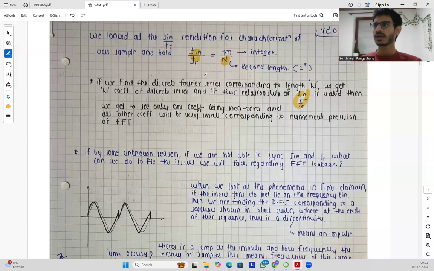So all other bins are near about zero, and only two bins show the peak when this condition is satisfied.